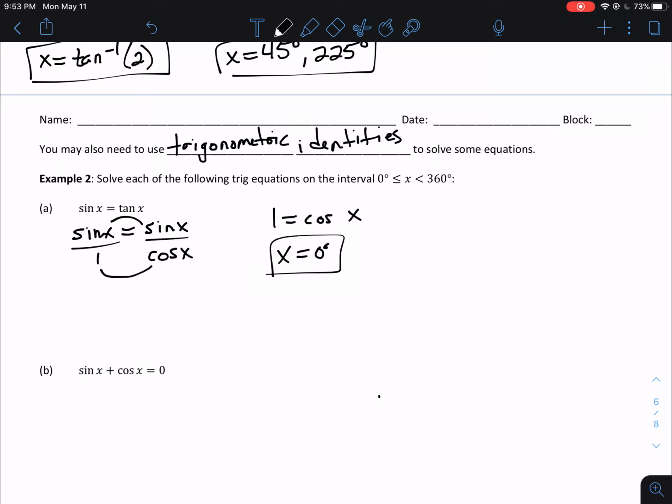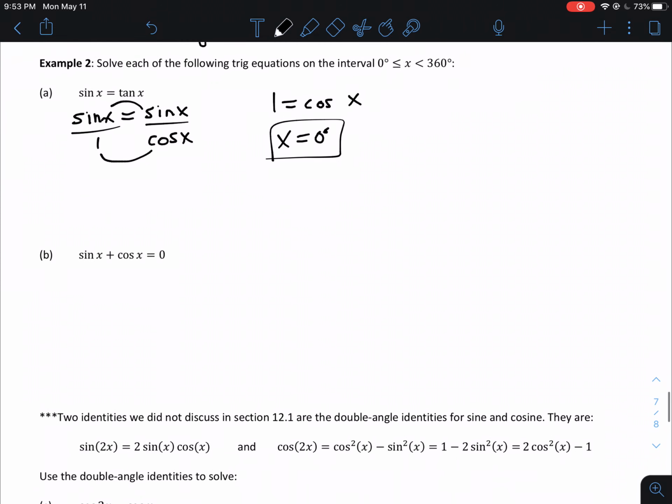So looking at example B here, we've got sine of x plus cosine of x is equal to 0. So let's do this first. Let's go ahead and just subtract over the cosine of x so we can kind of set it up like we did before. And that should be negative cosine of x. So this looks kind of like the equation that we had before, although slightly different. Let's do this next. Let's divide each side by cosine of x.